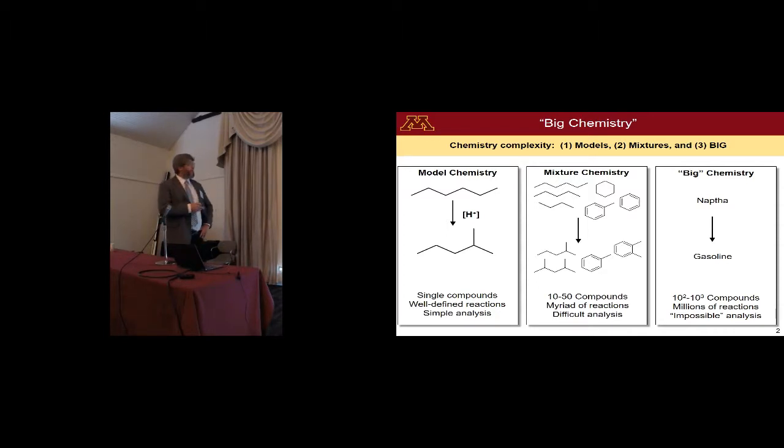To go from mixture chemistry to real systems, or what we call big chemistry, is almost overwhelming, to the point of being intractable research problems. These are problems that reaction engineers and catalysis people want to study, but the analytical needs to be aligned with that. The problem is very simple.